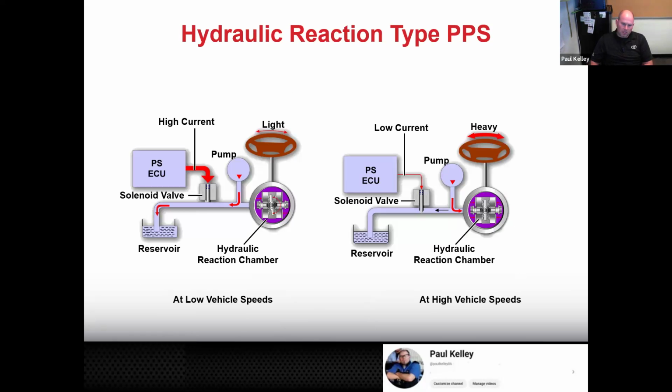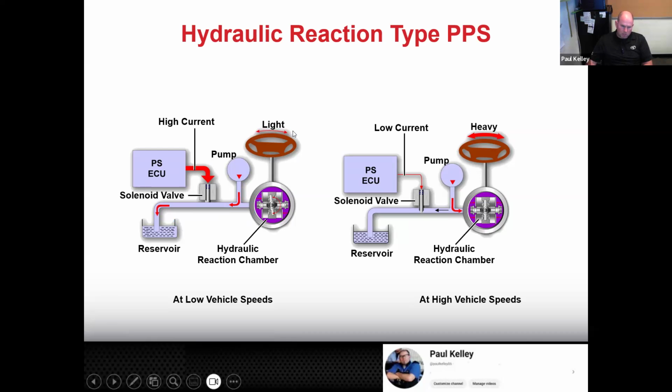All right, so now there's a couple different types. This is another type of varying flow. We actually had a hydraulic reaction chamber, and that would affect the pump's pressure. So if we were at low speeds, the pump would send max pressure. But if we got up to high speeds, this hydraulic reaction chamber would start to absorb some of the fluid pressure, and it would make the steering feel heavier.